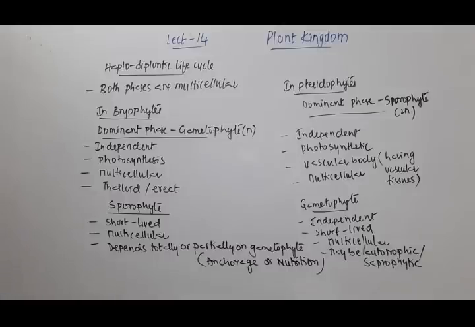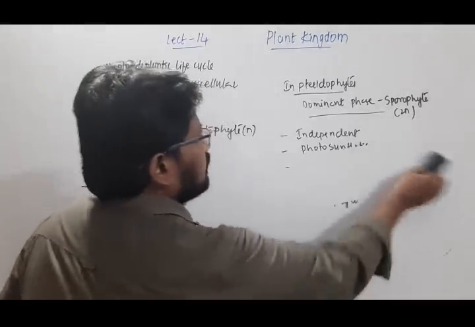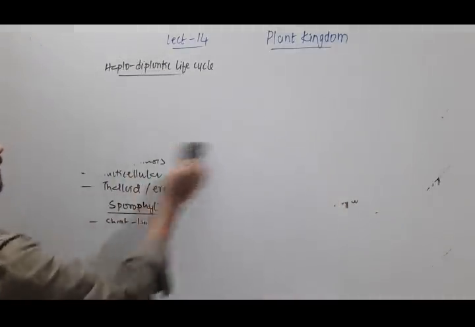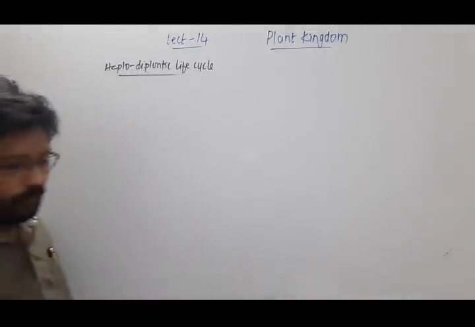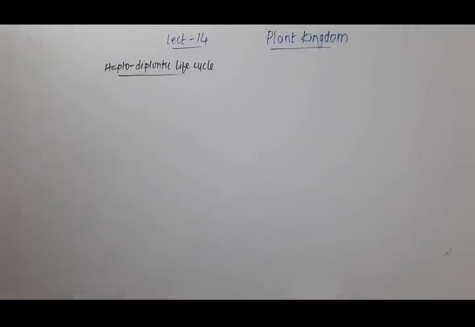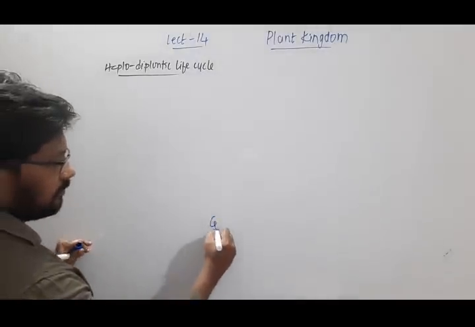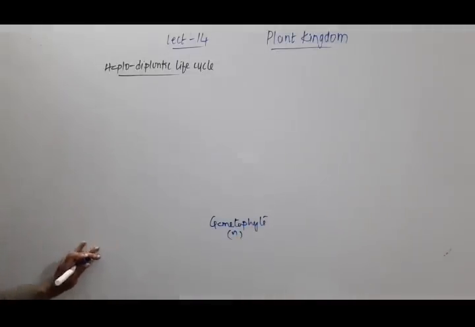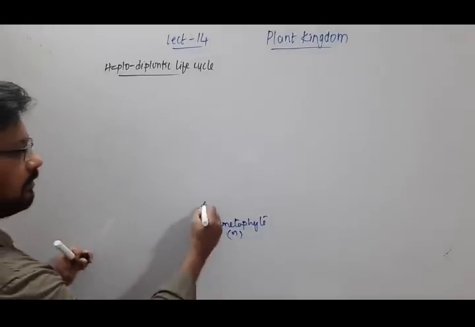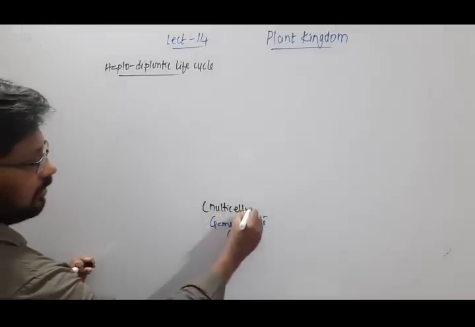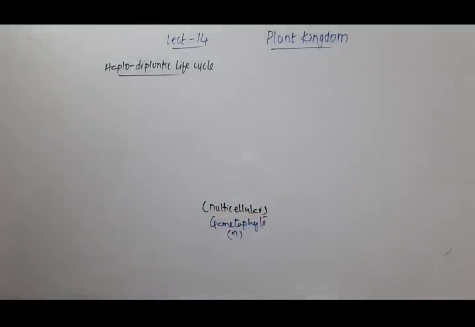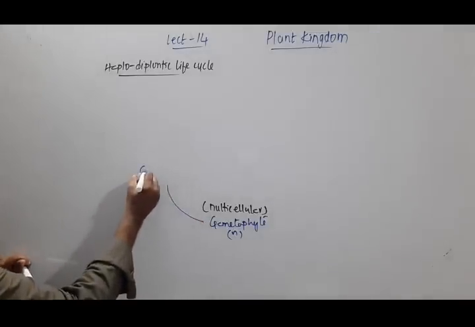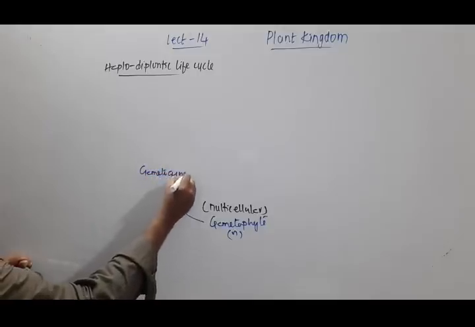So let's see how it is seen. The gametophyte, which is haploid, is multicellular, and it gives rise to gametes by the process of gametogenesis.